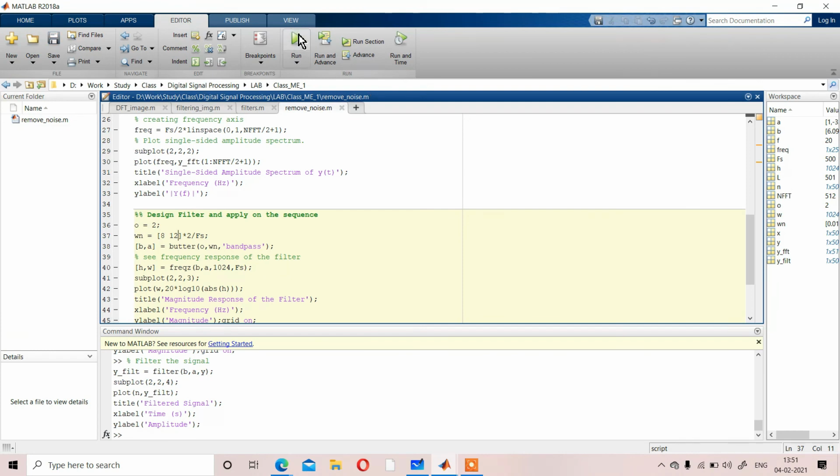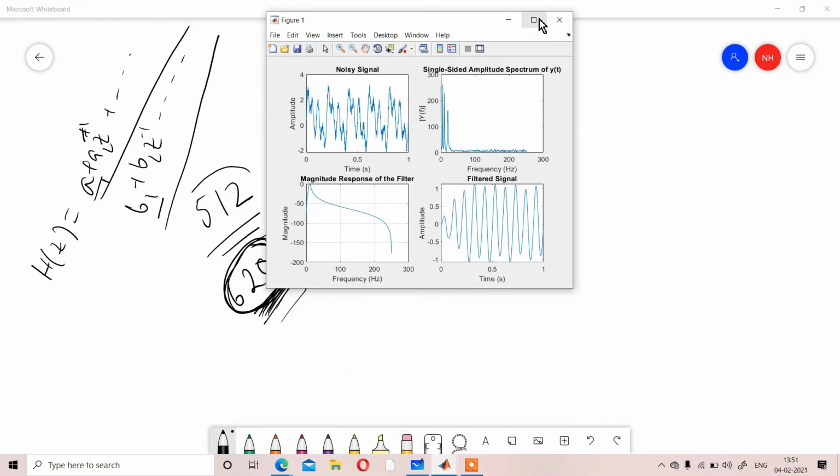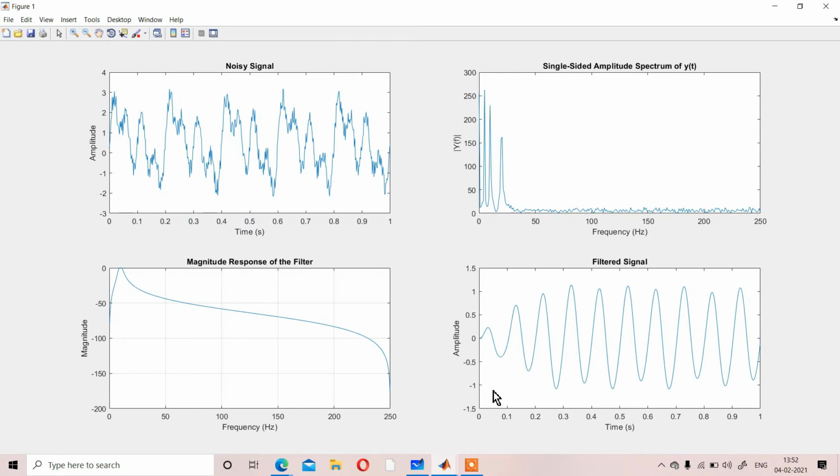If we run that, you will get the display of the second peak, the frequency for the second peak. Okay, in that way you can filter out some portion of the signal and also the noise, and you can consider only some specific portions.